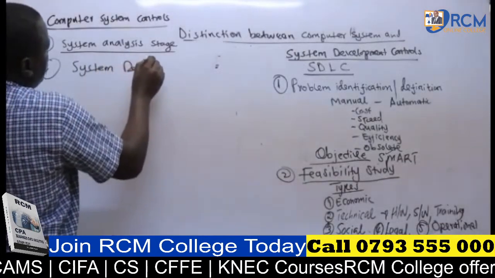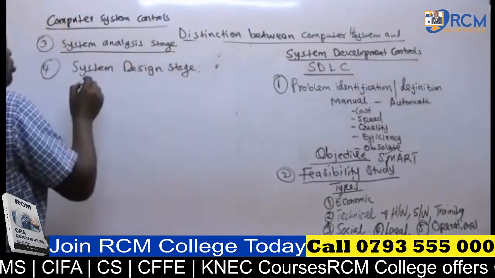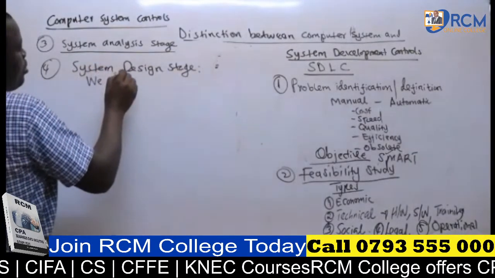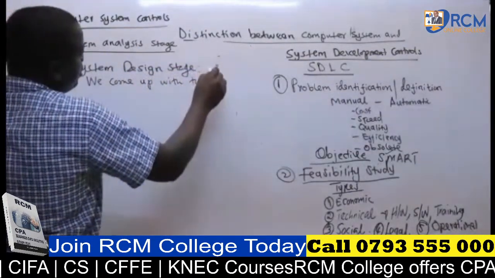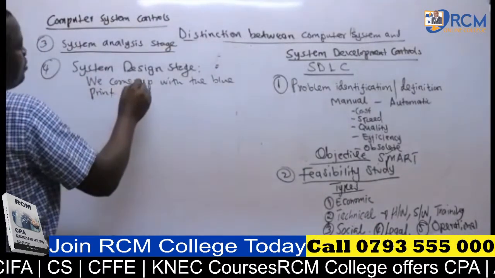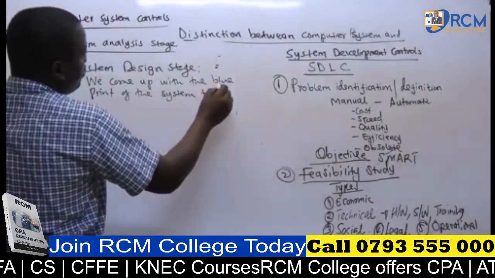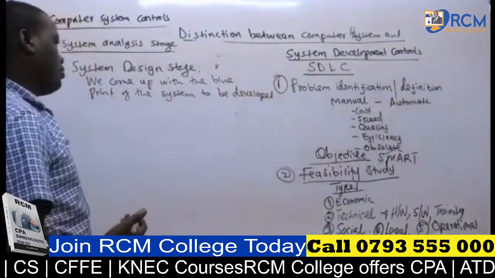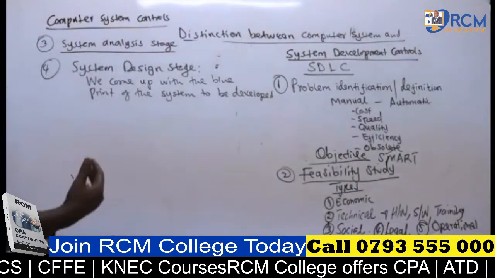This is where we come up with the blueprint of the system to be implemented, the blueprint of the system to be developed. So this one is just a documentation on maybe how the system will look like, how the system will be functioning.